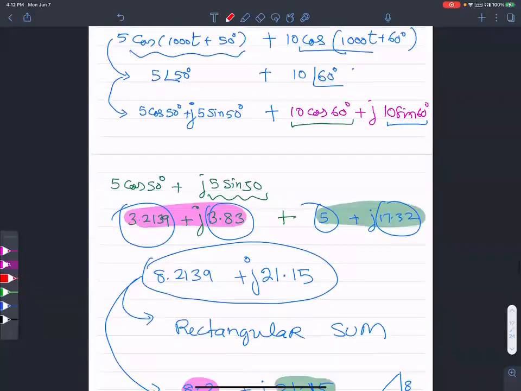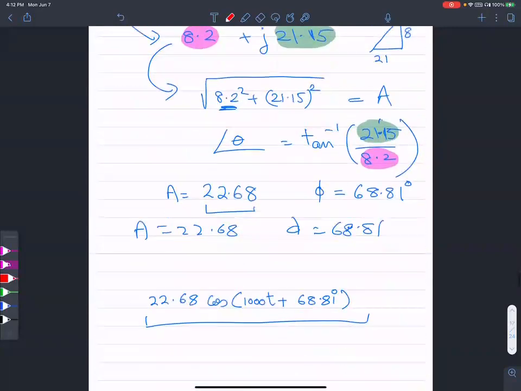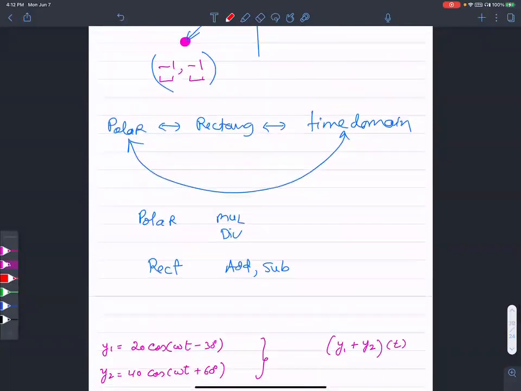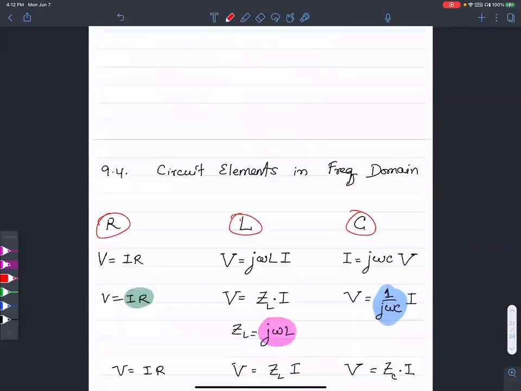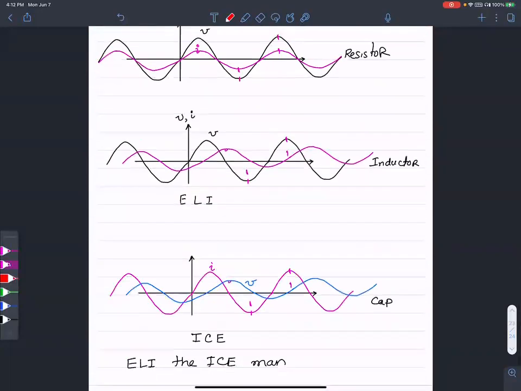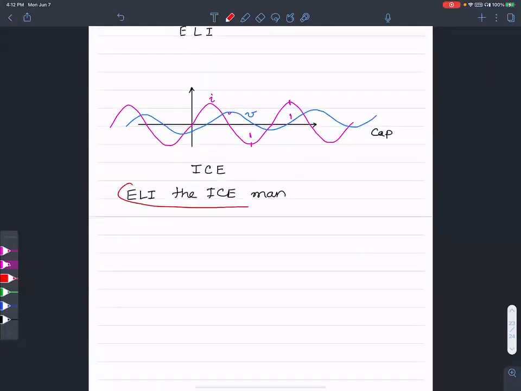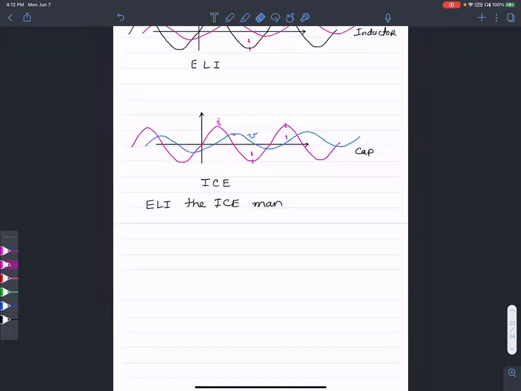And I showed you how to solve some problems, how to translate and then do some circuit analysis problems. Of course, the RLC components in the frequency domain. And I must have given you the mnemonic, ELI the ICEman: voltage leads the current in an inductor, whereas the current leads the voltage in a capacitance.